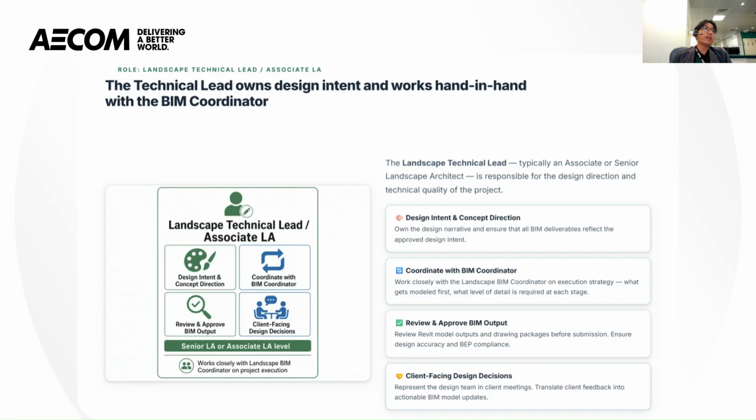We also require the involvement of the technical leads who own the design intent and work hand in hand with the BIM coordinators. The landscape technical lead is typically an associate or senior landscape architect who is responsible for design direction and technical quality. This person's involvement is more about working closely with the BIM coordinator to execute the strategy.